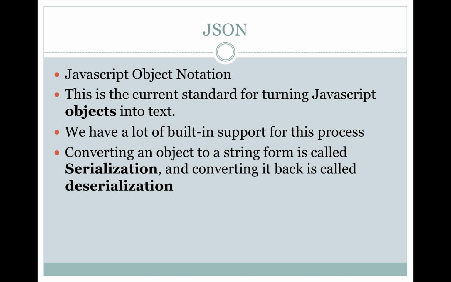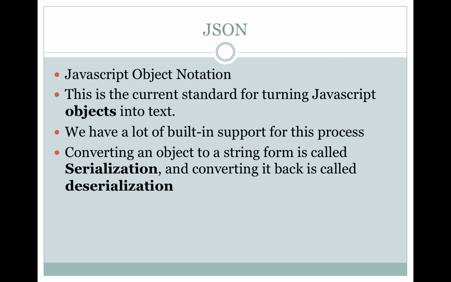One of the most widely used formats these days is JSON, which stands for JavaScript Object Notation. Quite simply, this is a text representation of a JavaScript object. So we can send anything in JavaScript to a server by turning it into this JSON format.